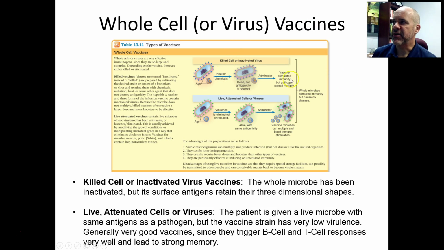But again, you're trying to preserve the 3D shapes of the antigens so your immune system will see those as authentic antigens. One thing they use, now maybe you guys have heard before that there's formaldehyde in vaccinations. It's one of the things the anti-vaccination crowd likes to use as a pitfall of having your children vaccinated. And yes, formaldehyde can be used to inactivate some viruses to prepare those vaccines. But if you guys remember when we talked about formaldehyde back in Chapter 9, we mentioned how it's a cross-linker.